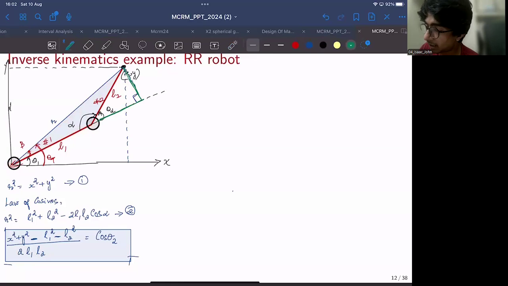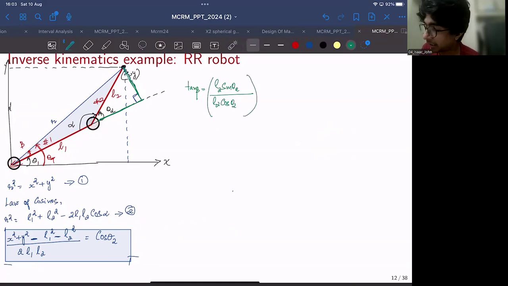So I'll write this tan beta. What would be tan beta? Tan beta would be this opposite side by this adjacent side, right? Opposite side would be nothing but L2 sine theta 2, and the adjacent side would be this one. This side would be L1, and this side would be L2 cos theta 2.